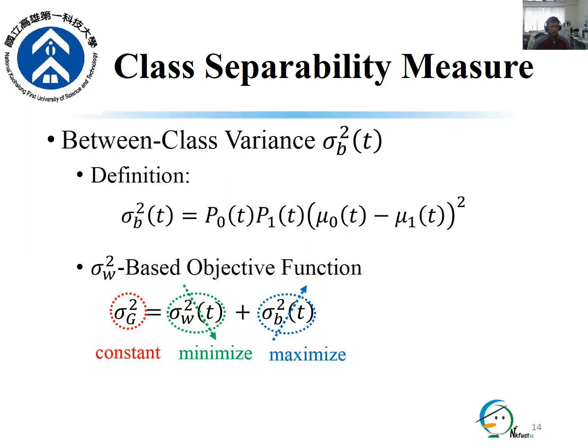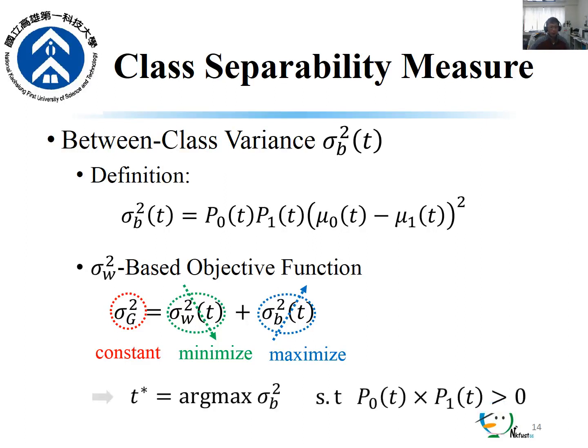So the objective function becomes maximizing between-class variance sigma b squared of t. Because we have to compute the class means in between-class variance, it is a first-order statistic and easy to compute. After introducing the class separability measure in the O2 algorithm, we next detail the O2 algorithm to find the optimal threshold T star.